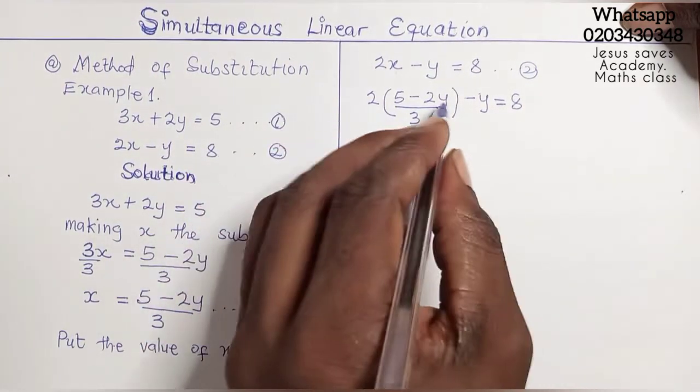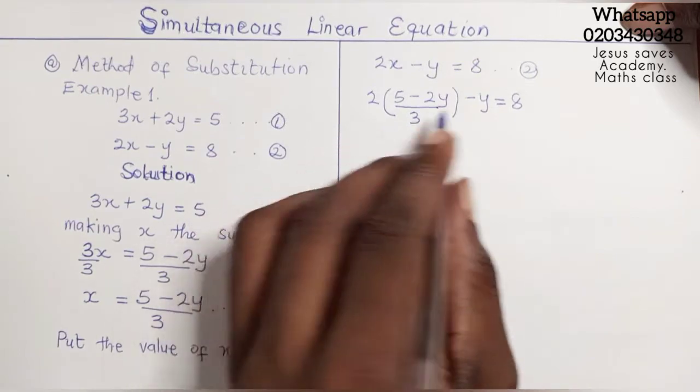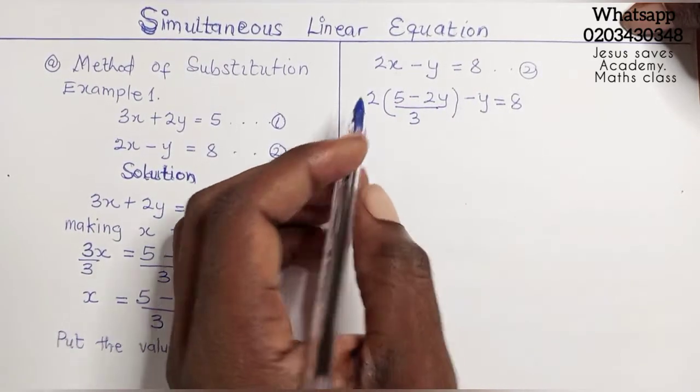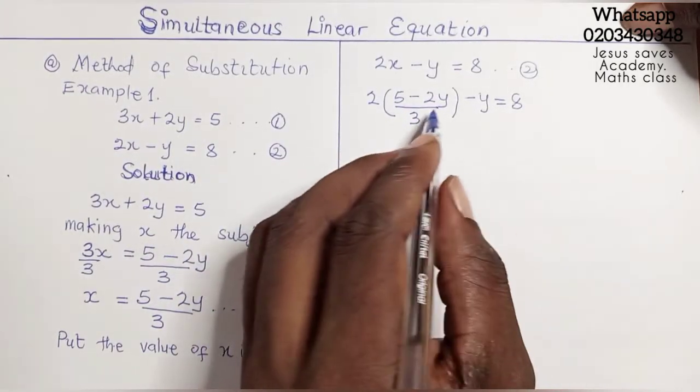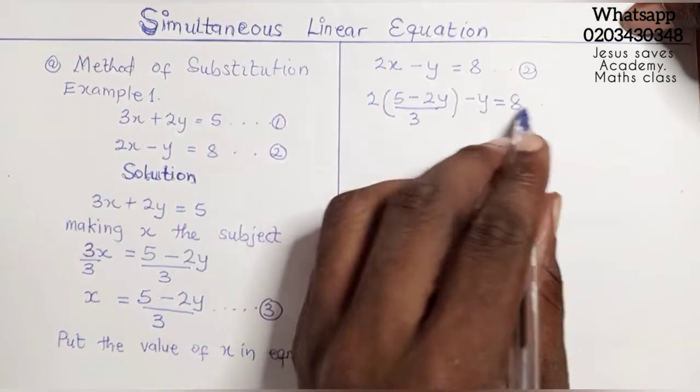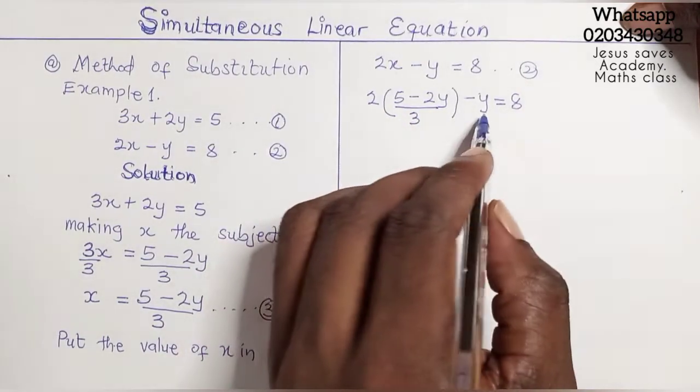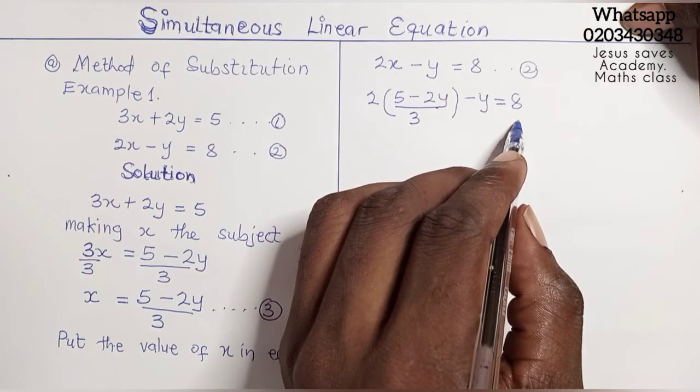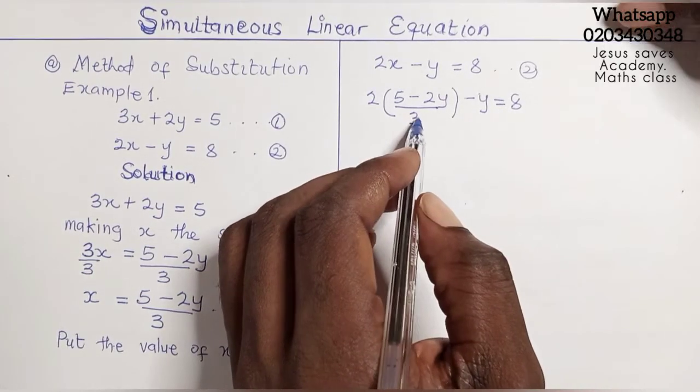So we simplify this equation. Since we have a denominator, we will multiply through by the LCM. This place is over 1, this one too is over 1, so the LCM is 3.